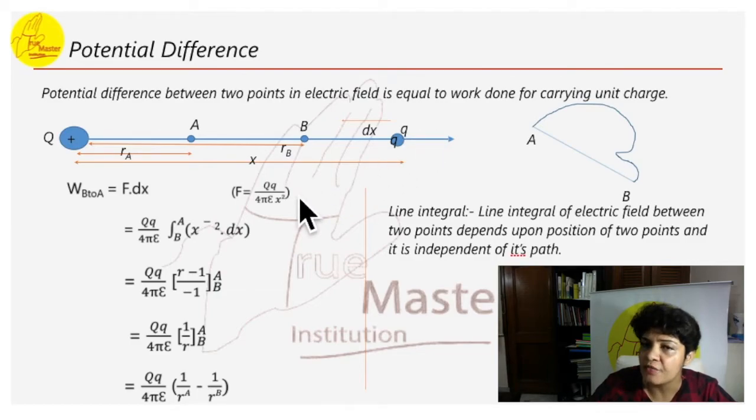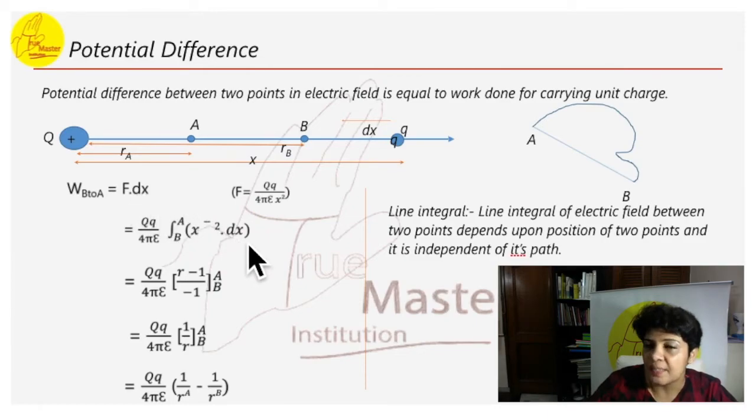We are bringing it from B to A, so that is the integration. And where is this coming from? x to the power minus 2, because this is x square, so when we bring it up, it becomes x to the power minus 2. Q, q, and 4 pi epsilon naught being constant, we can bring them out, leaving x to the power minus 2 multiplied by dx.